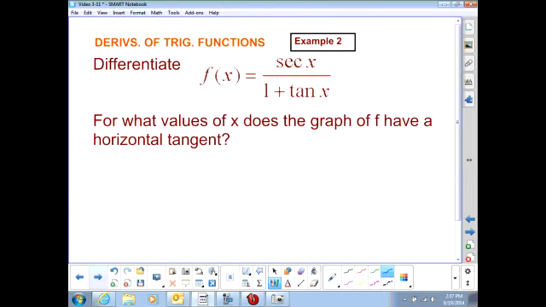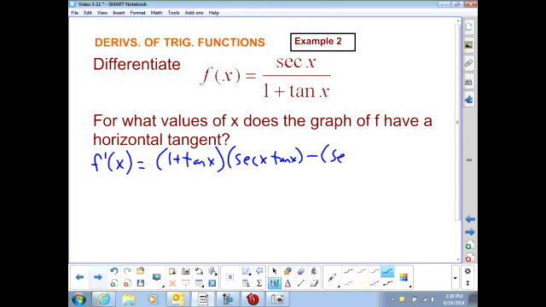So let's see if we can do a quotient rule with these now. We've got secant x over 1 plus tan x. We'll do low, which is 1 plus tan x, d high. Well, we've got the derivative of secant x, which we just saw was secant x tan x, minus high d low.